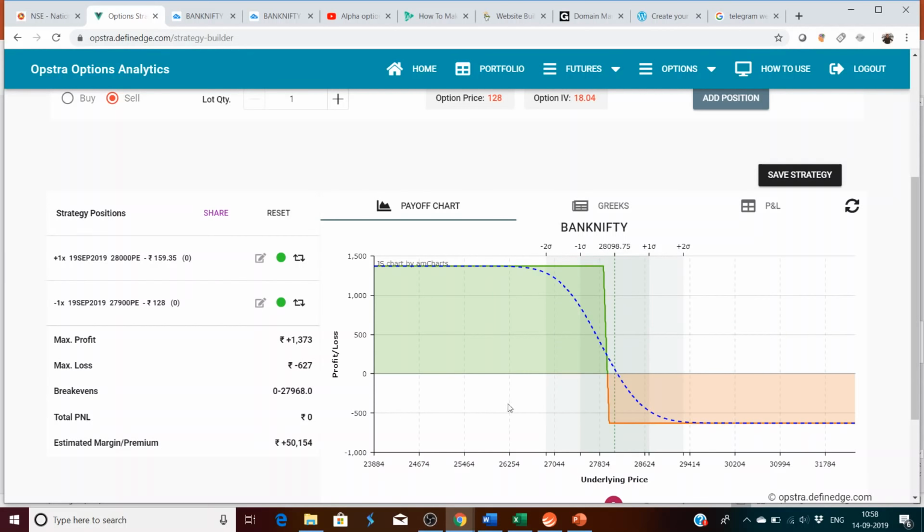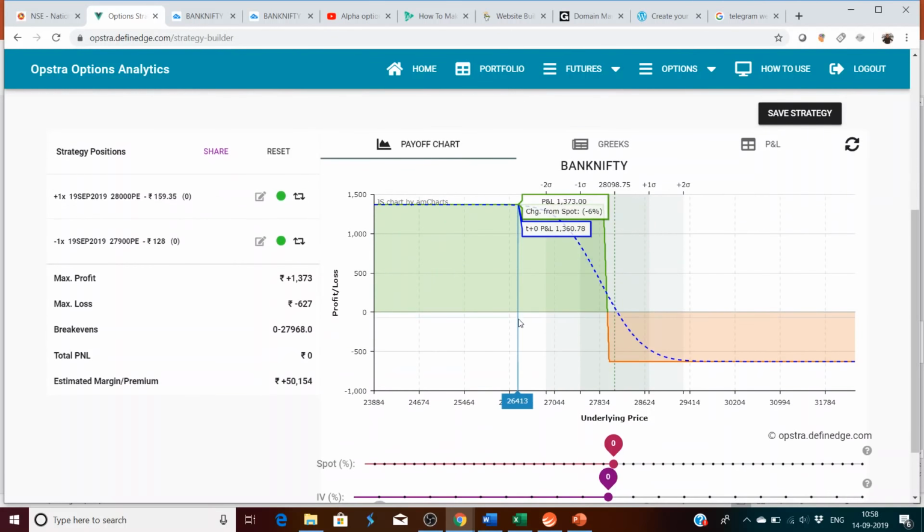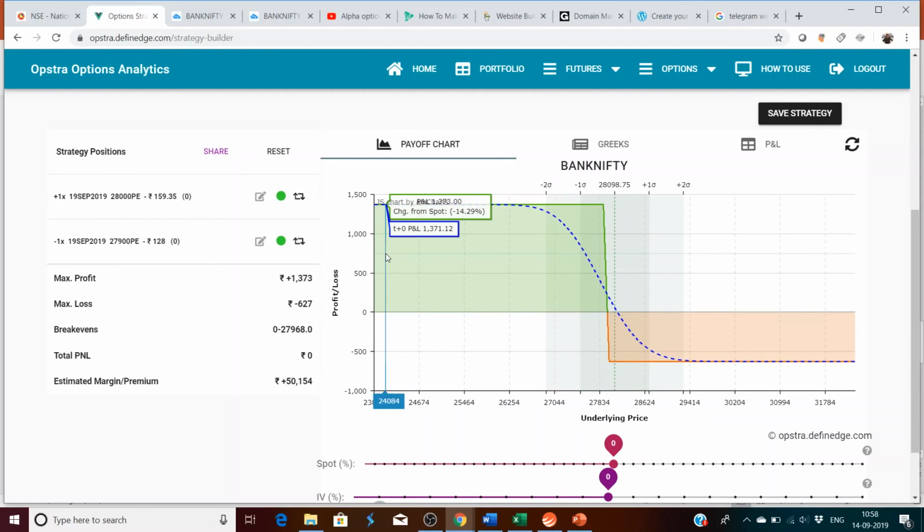So this is how you can keep switching with the direction of the market and make profit out of this. It is a very simple strategy you can use, and it is fairly simple to do on intraday as well.